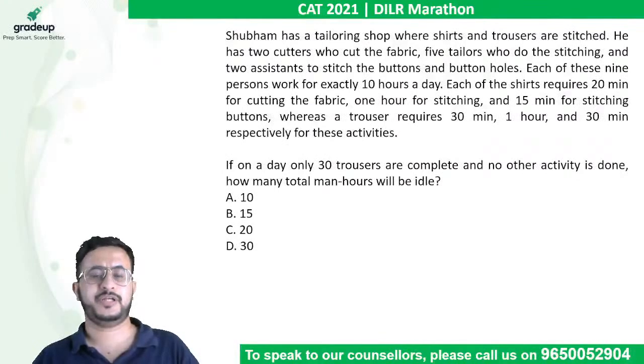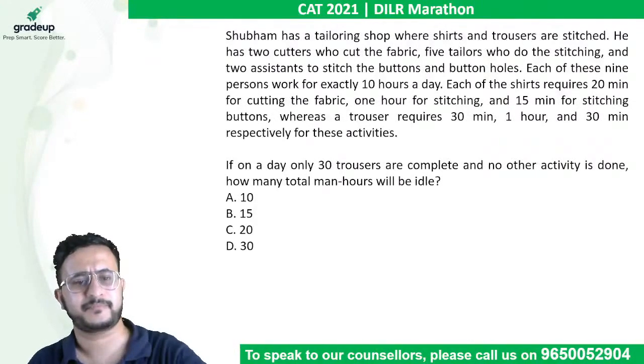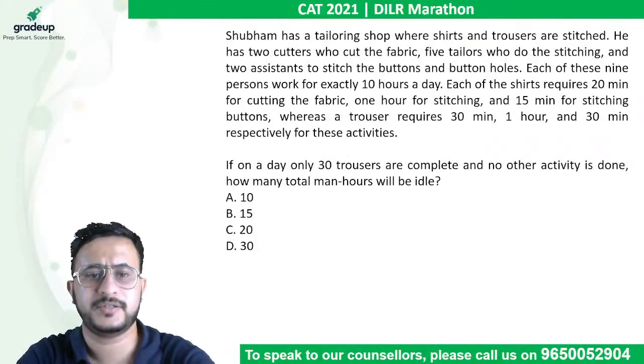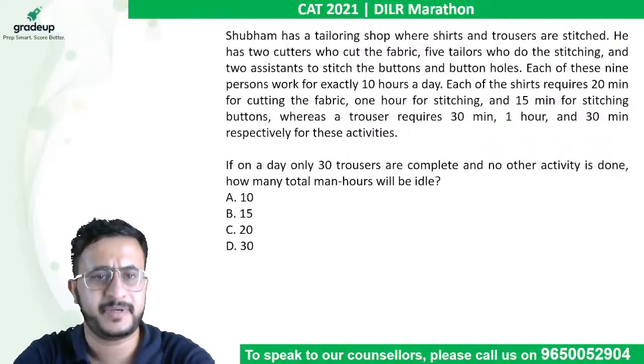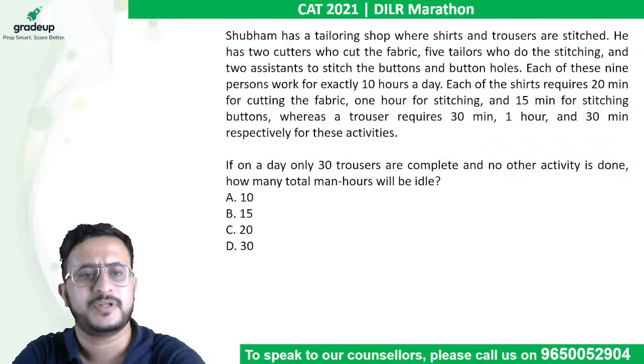If on a day only 30 trousers are complete and no other activity is done, how many total man hours will be idle? Only 30 trousers are made, and you have to find the idle number of man hours. That is easy.